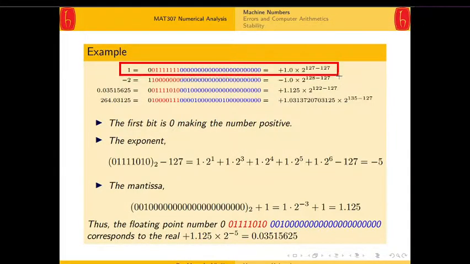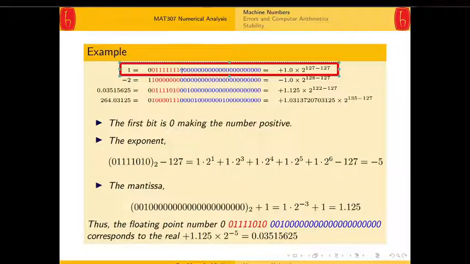So it will be basically a 0 in the first position because it's positive, and the exponent will be 127. The representation of 127 in the binary system, because 127 is the bias, and we have to have 2 to the 0 power, so 127 has to be the exponent for this number to make it 0 on the power of 2.